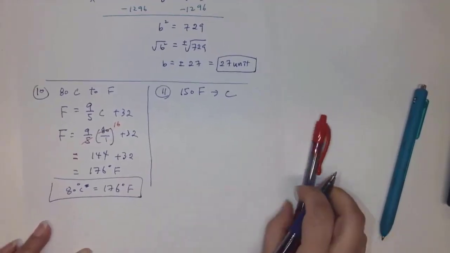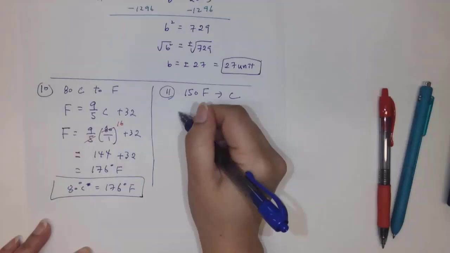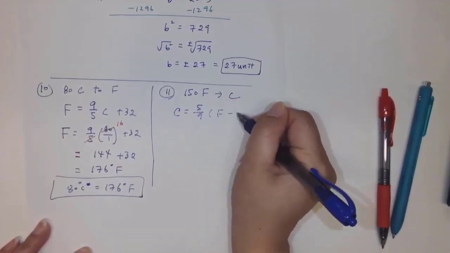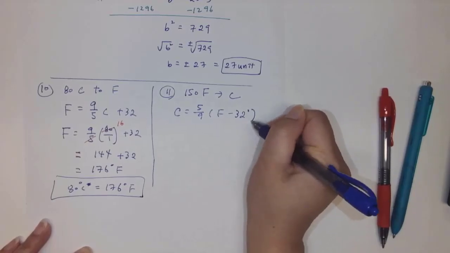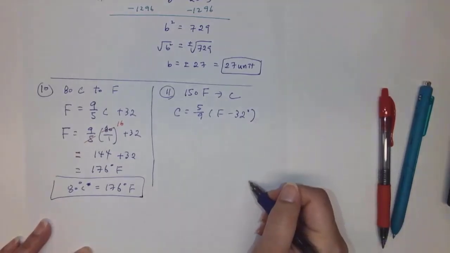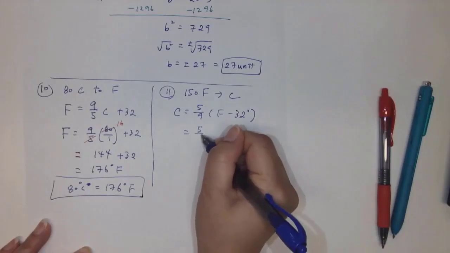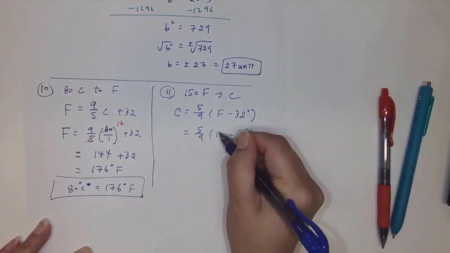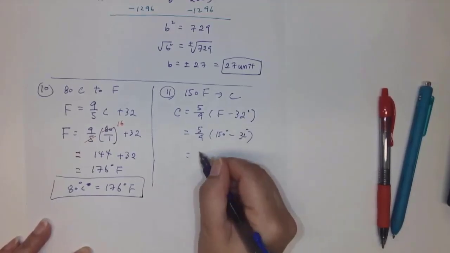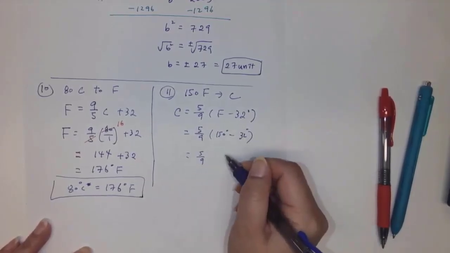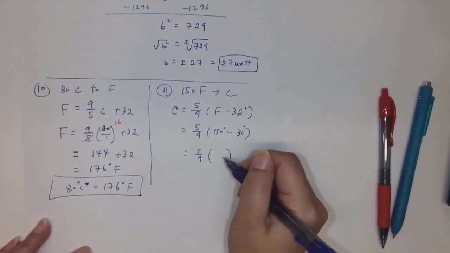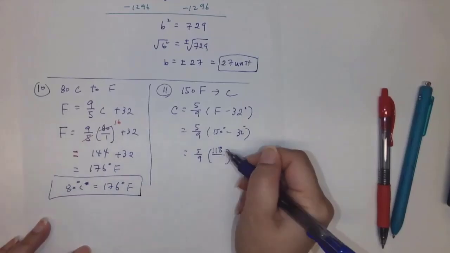So we okay? The other formula will be C equal to 5 over 9 times F minus 32 degrees, and we will give you those formulas. So plug in what? 150 degrees, subtract 32 is going to be 118. Do you have the answer already? Okay, all right. I thought you did the mental math.